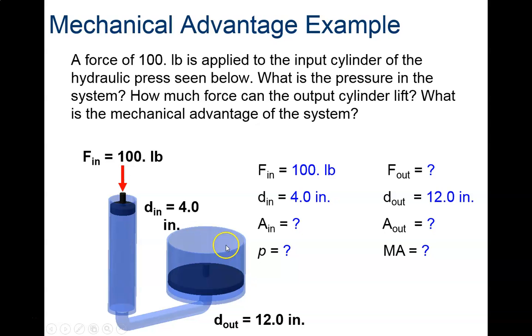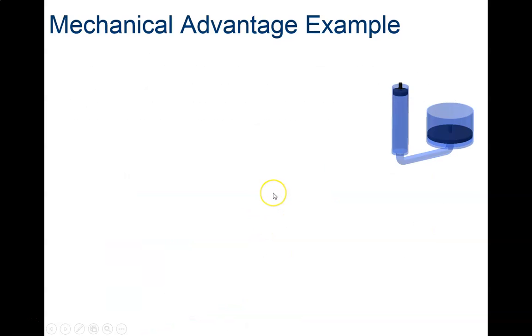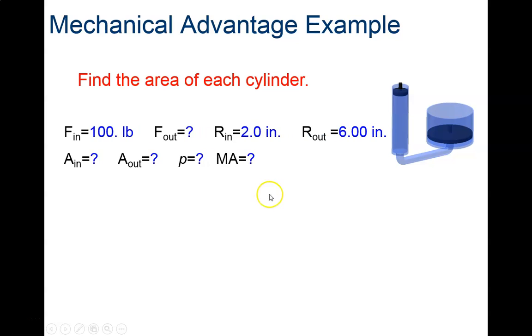The first thing we're going to do is figure out the pressure that this piston is applying to the fluid, and say that pressure is equal to the pressure applied to the other piston. Then we'll solve for the force. So find the area of each cylinder.